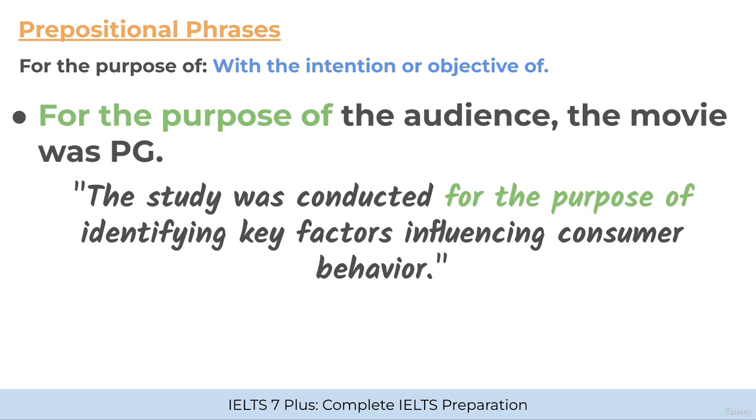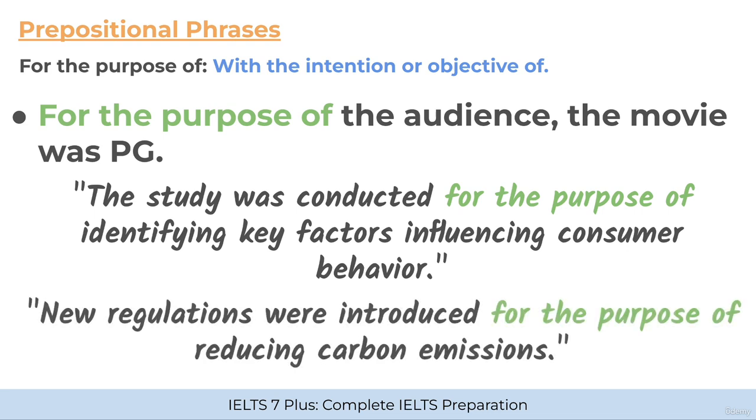In other words, why are these things happening? For the purpose of. New regulations were introduced for the purpose of reducing carbon emissions. So you can really add to your writing and add depth to it by using these prepositional phrases. You can talk about how, why, using these brilliant phrases here.